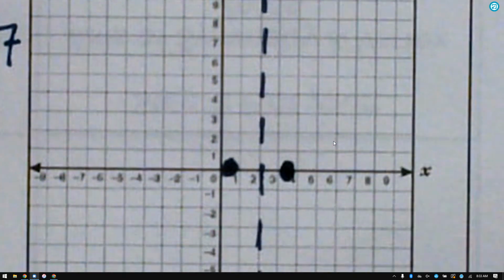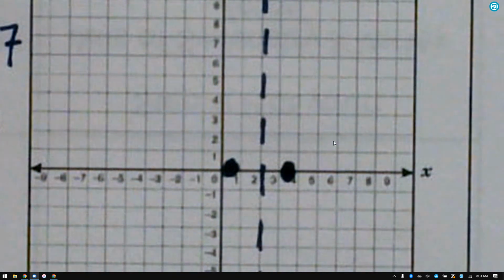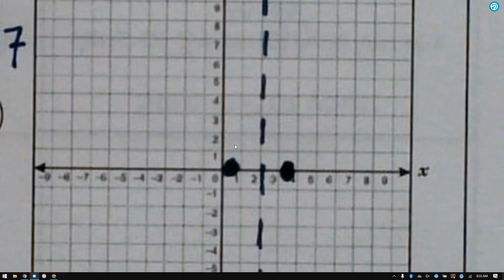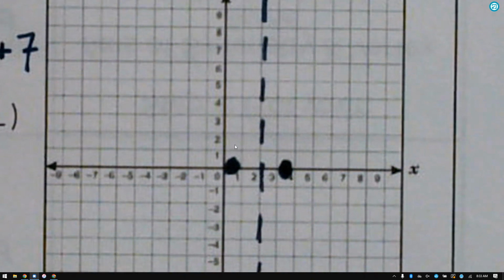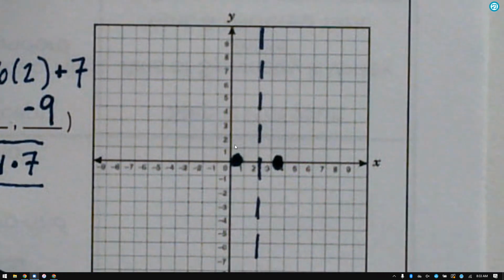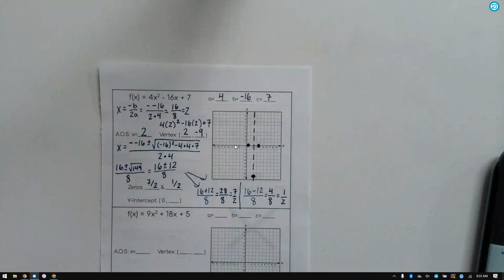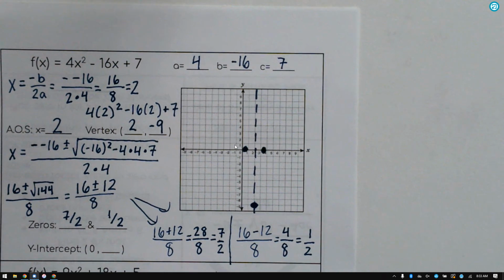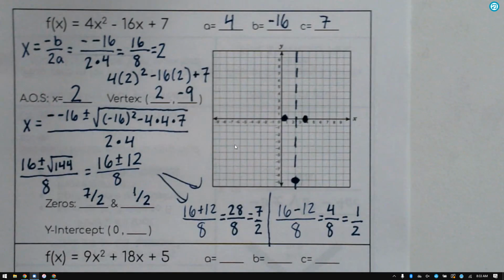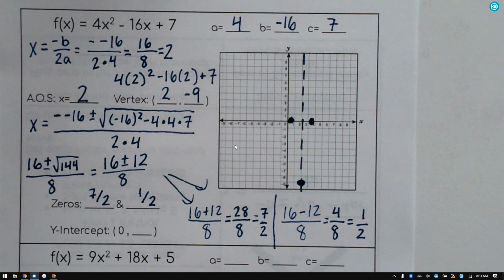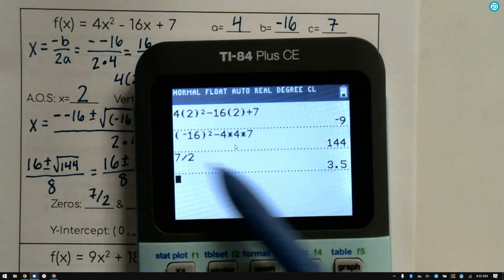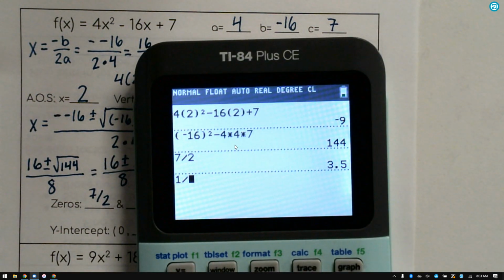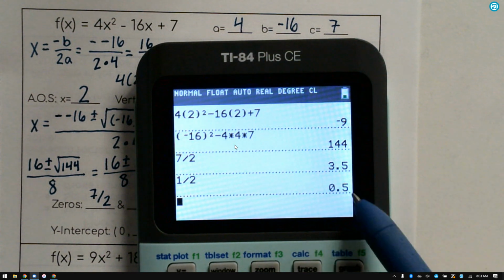Should be right there. So in between 0 and 1, and then in between 3 and 4, because 7/2 is 3.5, and 1/2 is 0.5.